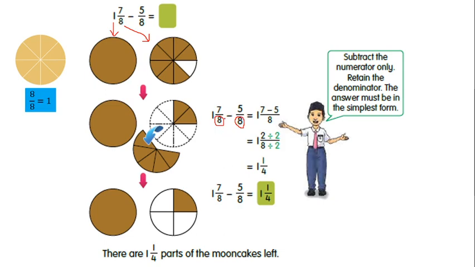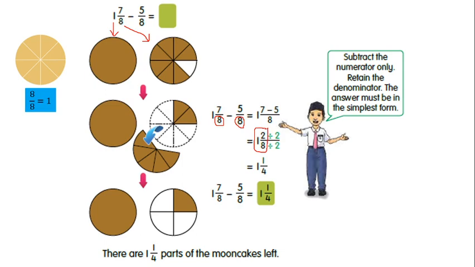So it's already a simple question for you. So you do not change the denominator. You subtract the numerator. 7 minus 5, so the answer is 2 over 8.